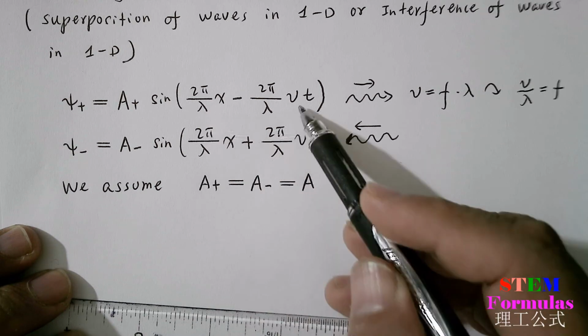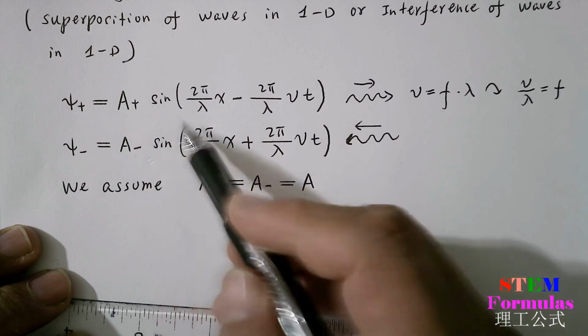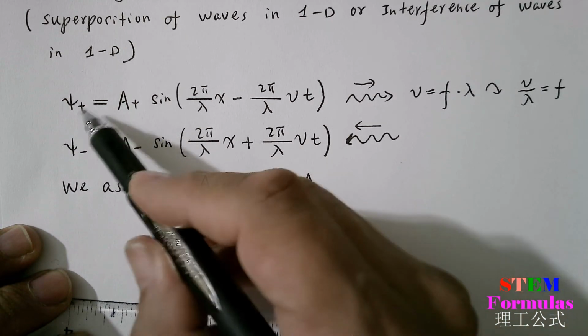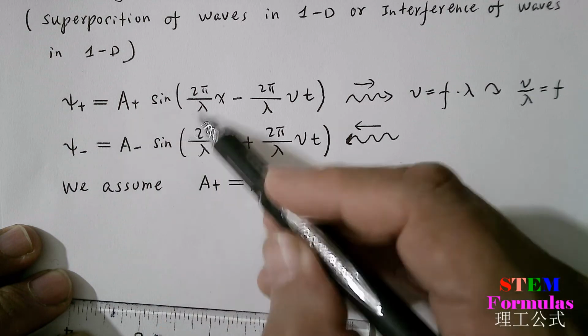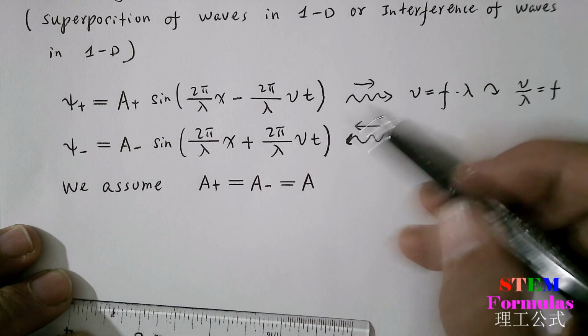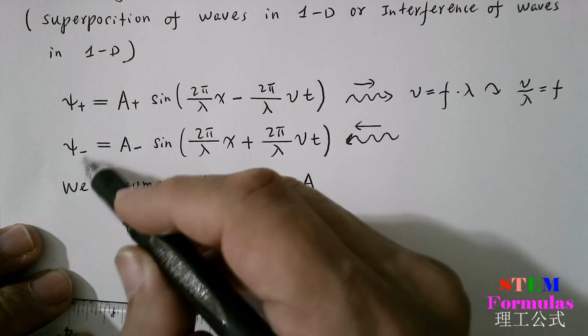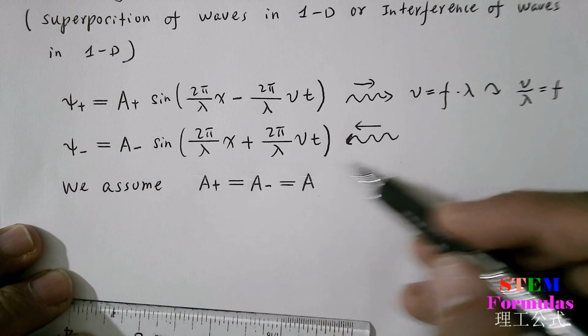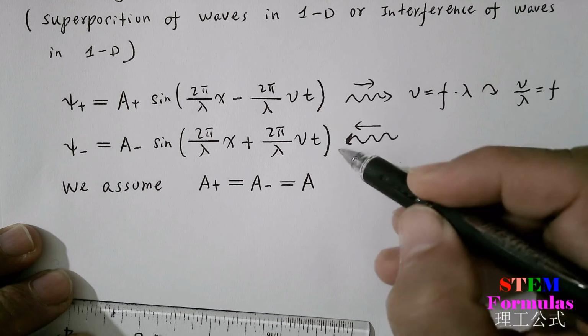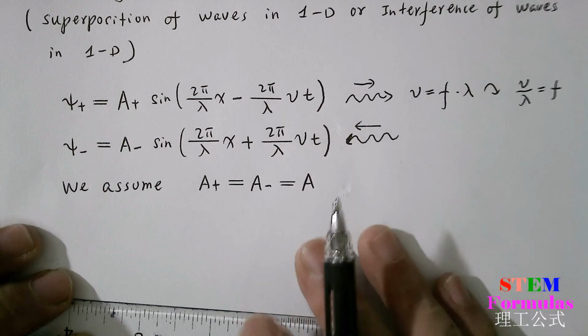The only difference is that psi plus represents a wave propagating in the right direction, and psi minus represents a wave propagating in the negative direction. So this is the only difference.